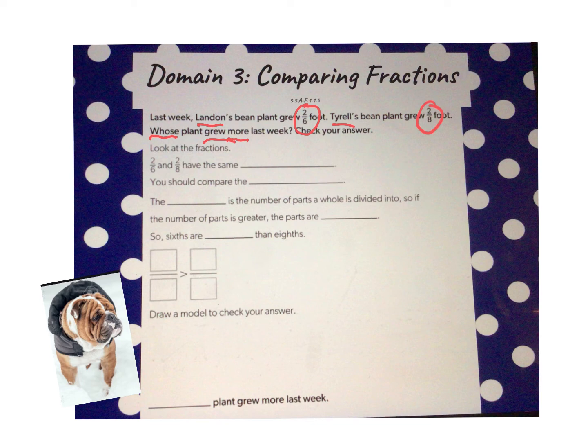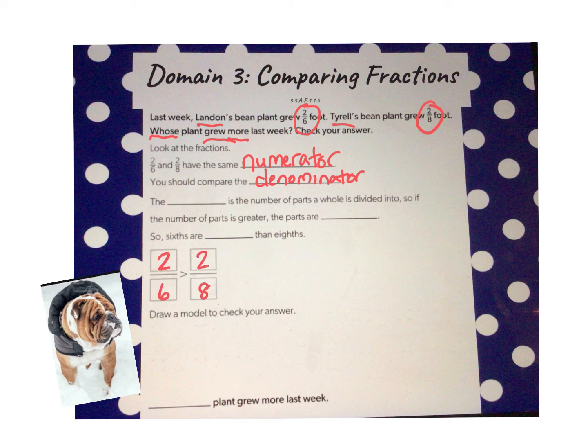So we're going to look at the fractions, and I know that 2/6 and 2/8 have the same numerator. So we need to compare the, what is it? Denominator. Good job, friends. Okay, and so we're going to go ahead and use this down here. We're going to put 2/6 here, and then 2/8 down here.